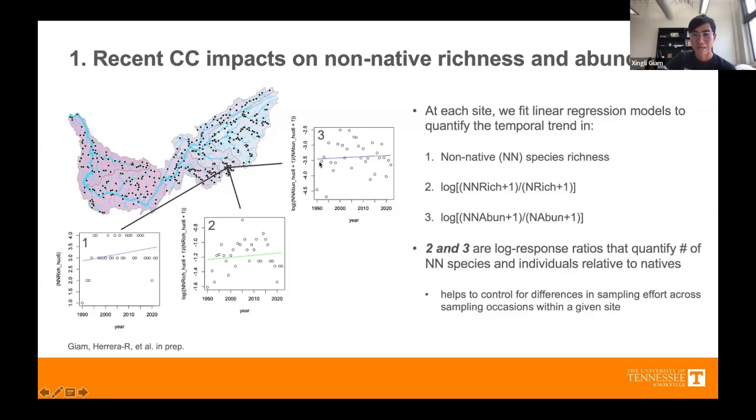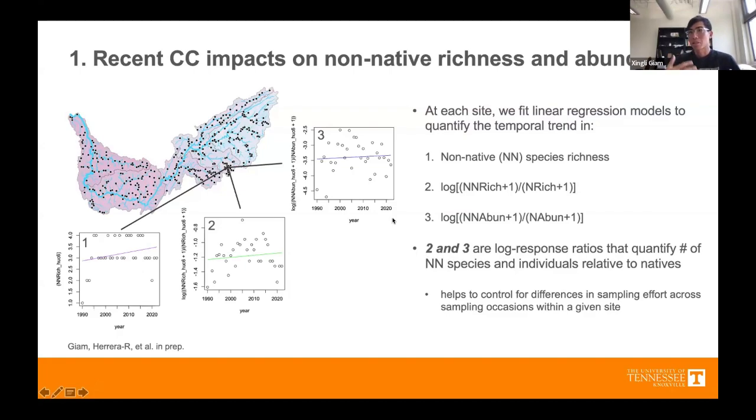And your third one is abundance. So it's the same as 2, it's a log response ratio, but of non-native abundance over native abundance. So again, it tells us something about the numerical dominance of non-native fish over native fish.